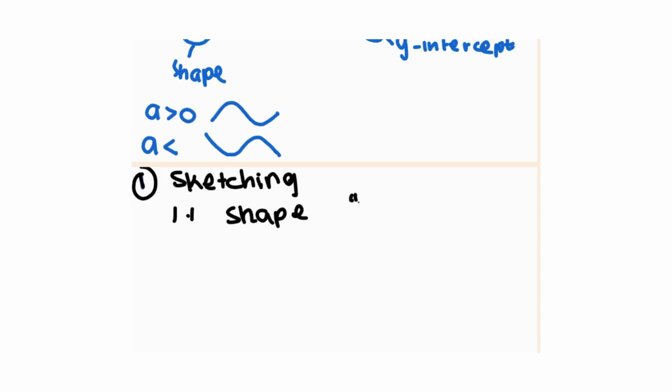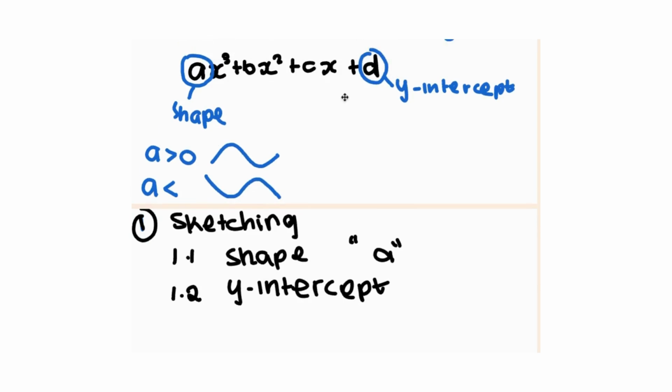Secondly, you need to work out the y-intercept, which in most cases, if they have given you the full equation, means you will just take that value d. We know at the y-intercept x is 0, so your coordinate for the y-intercept would be (0, d).